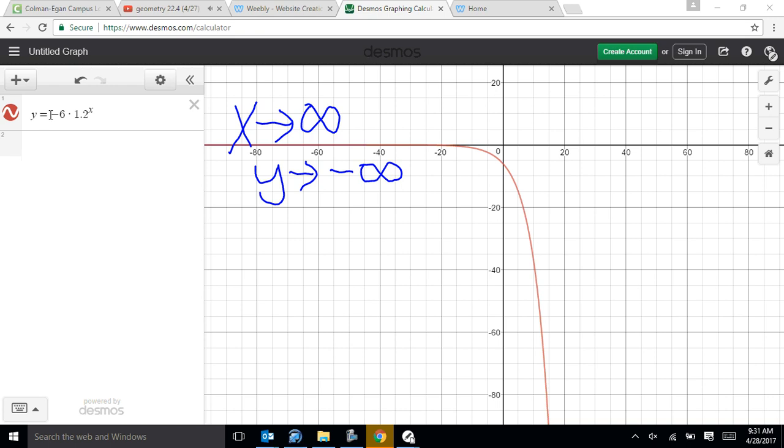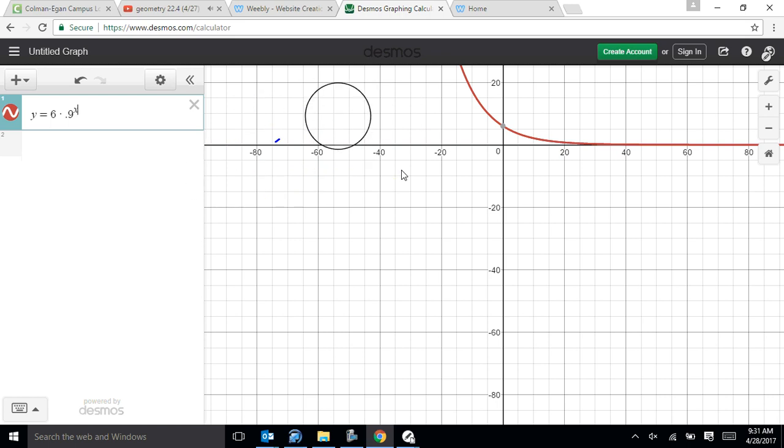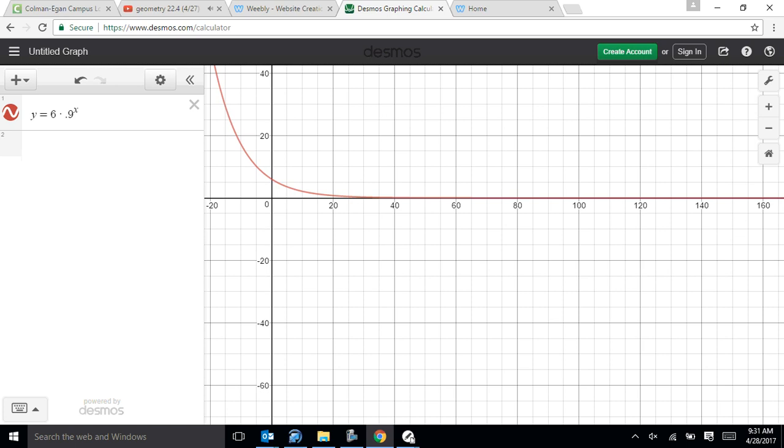And then our other one. So this one, is this growth or decay? Decay. So now as we're heading to the right, this one is the something new.